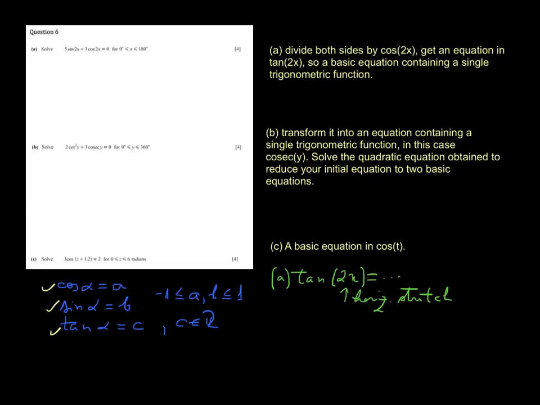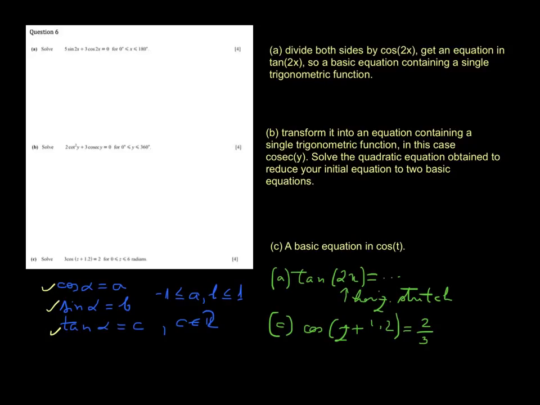In case C, the basic equation is cos of z plus 1.2 equals whatever, 2 over 3. So in this case, the basic function y equals cos x is obtained from the basic one after a horizontal translation.